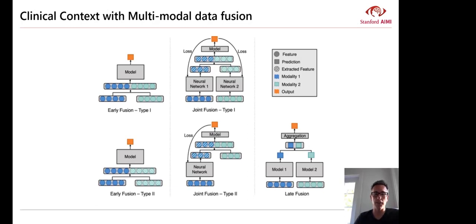At the other end of the spectrum is late fusion, where you aggregate results at the decision level, very similar to an ensemble, but this leverages predictions from multiple models to make a final decision. Having that common language and understanding of how multimodal data fusion could work, you can imagine that you could take clinical data and pixel data and go through a variety of these different approaches to training a unifying multimodal model to figure out which one works the best for your use case.